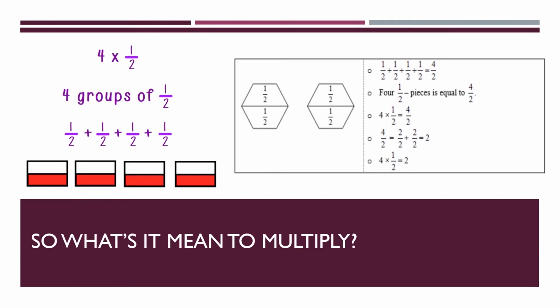And I want you to take a look at this bullet point here. This is where we'll start. The model shows us that we have these 4 groups of 1/2 on the left here. But here in this repeated addition, we have 1/2 plus 1/2 plus 1/2 plus 1/2, which is going to give us a total of 4 halves.